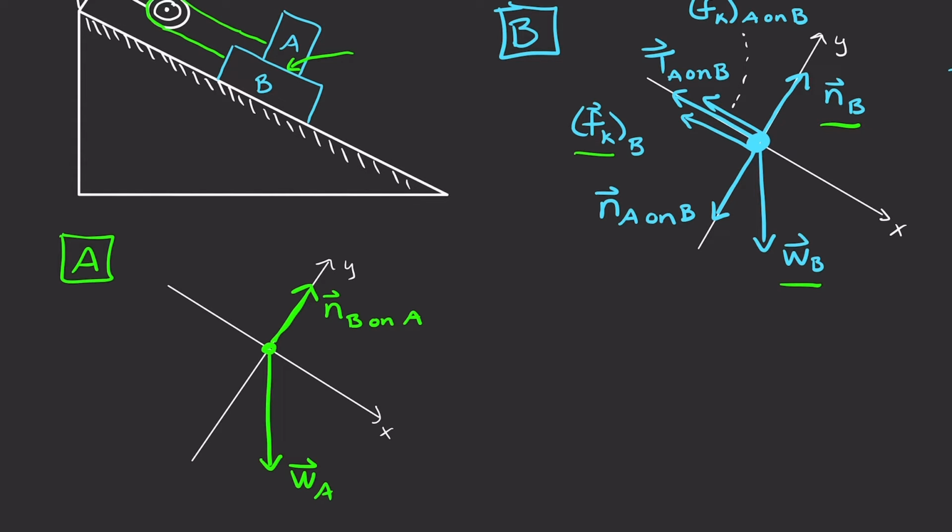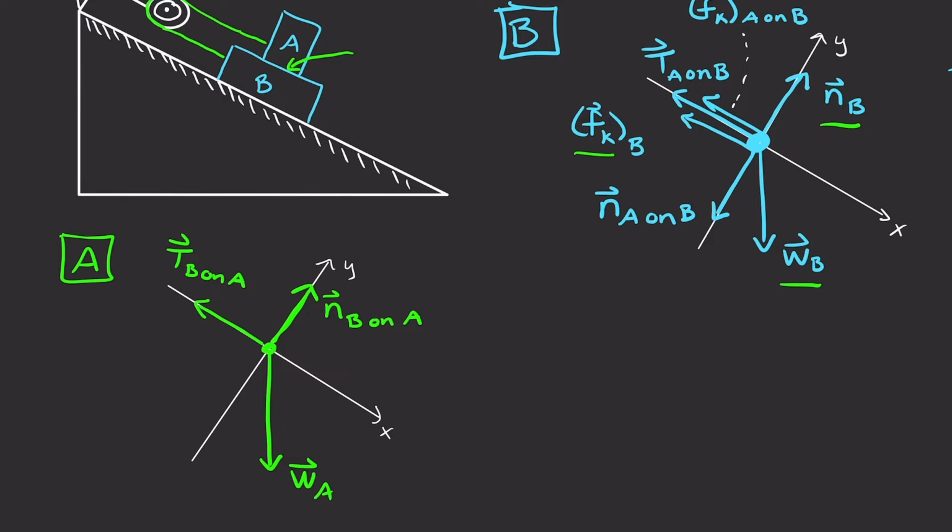Okay, then we have tension pulling on it. So if you pull B, if B moves, it's going to exert a tension force and pull on A. So this is the tension from B on A. And then we have a friction force. If you imagine B sliding down and across A, then the friction on B is to the left.